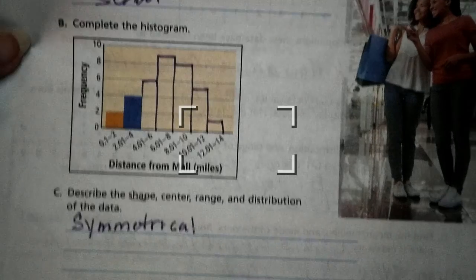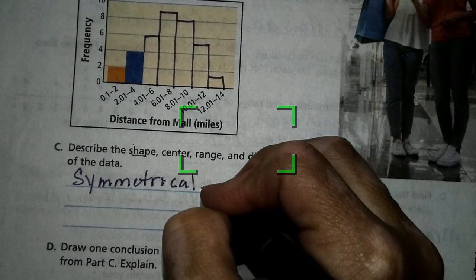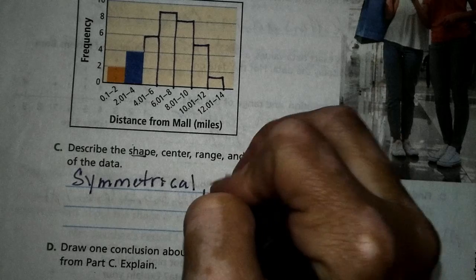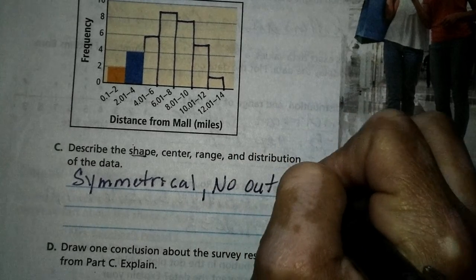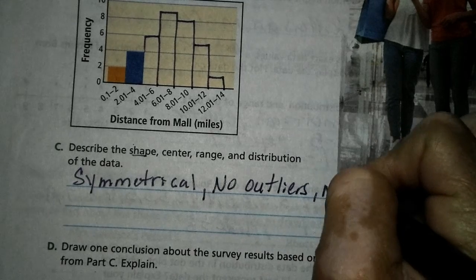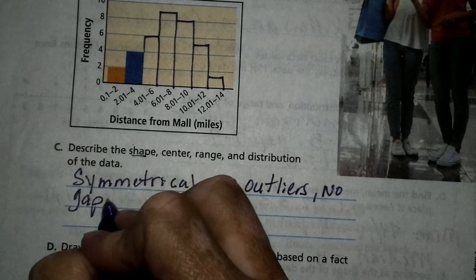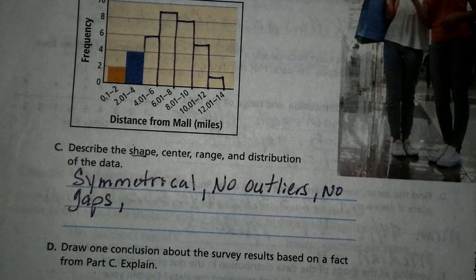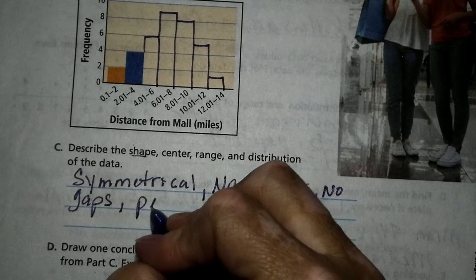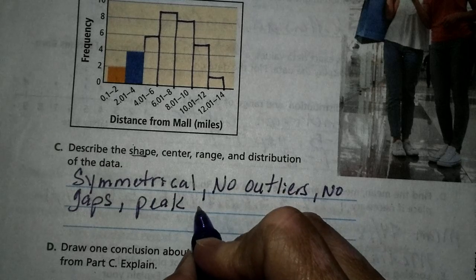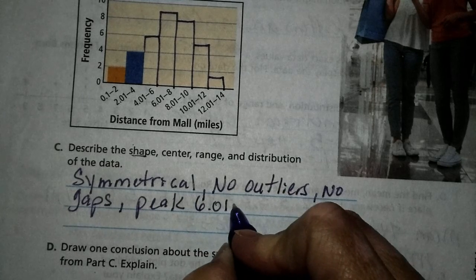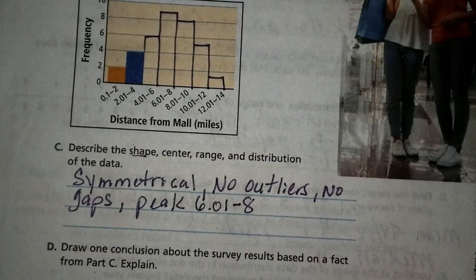We have no outliers. There are no gaps. And it looks like the peak is between 6/100ths and 8.